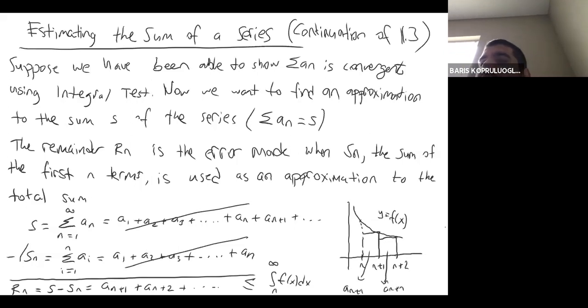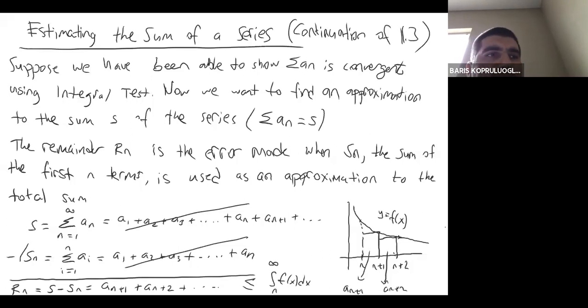And as you can see, the sum of a_(n+1), a_(n+2) and so on will be less than or equal to the integral of f from n to infinity. So this is the first inequality we have.